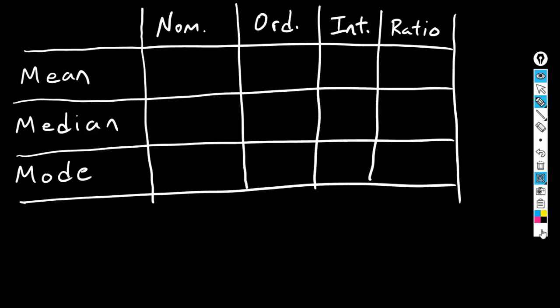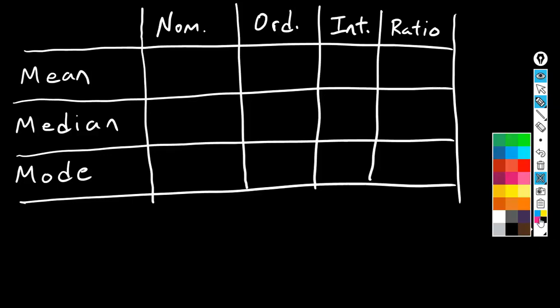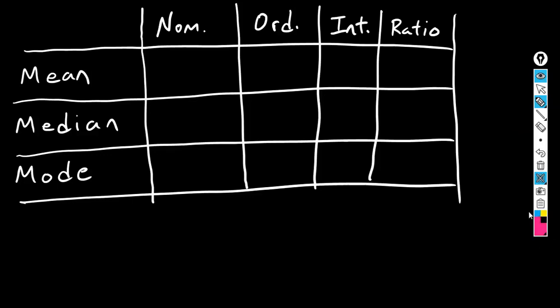If we're looking at our means, this would apply to our arithmetic mean, our weighted mean, and our trimmed mean. If we've got nominal data, data that are just labels and descriptions that categorize things, we cannot calculate a mean for nominal data.